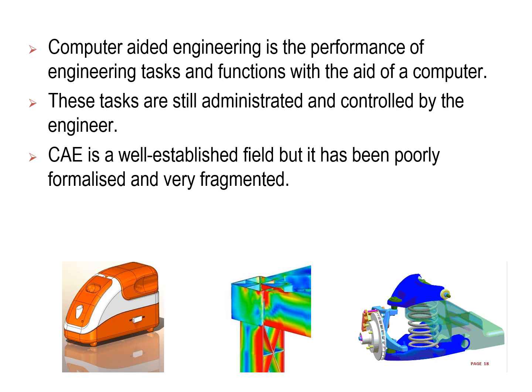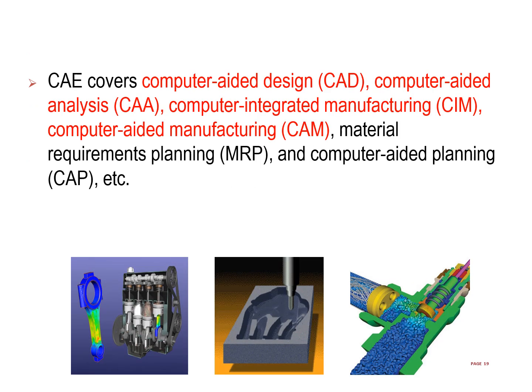The CAE is a well-established field, but it has been poorly formalized and very fragmented. The CAE will cover computer-aided design, computer-aided analysis, computer-integrated manufacturing, computer-aided manufacturing, material requirements planning, and computer-aided planning, also known as the CAP.